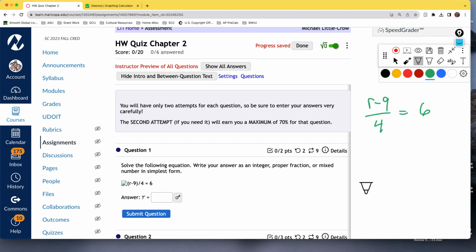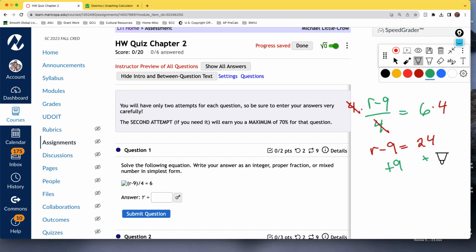What would we do here? Multiply by 4. Very good. Multiply both sides by 4. 4 divided by 4, that cancels. R minus 9 equals 24. And then what would we do? We would then add 9.